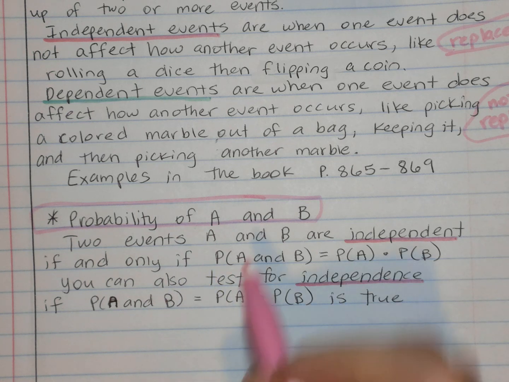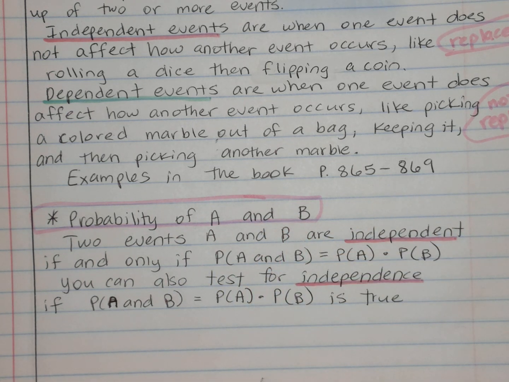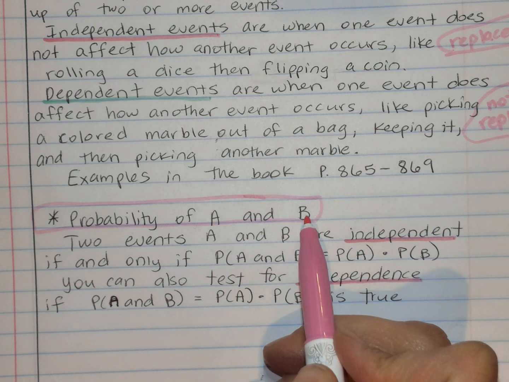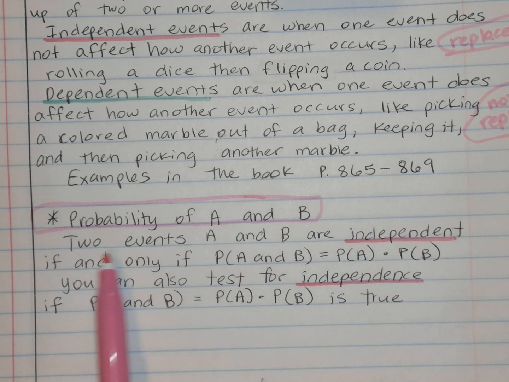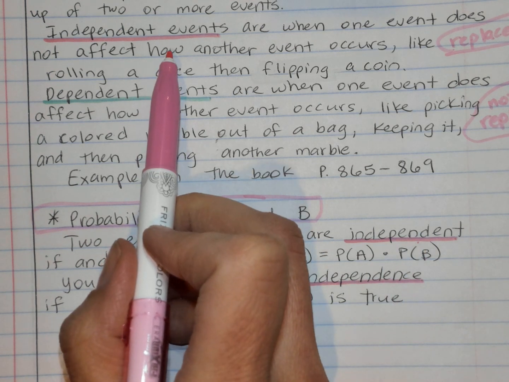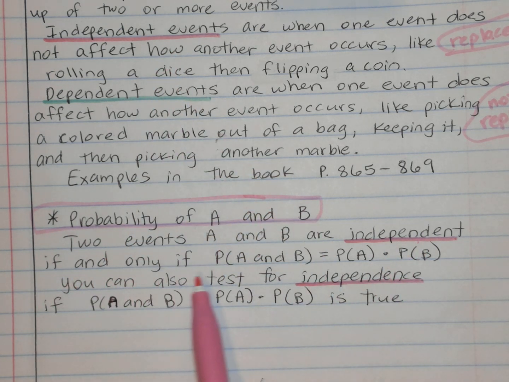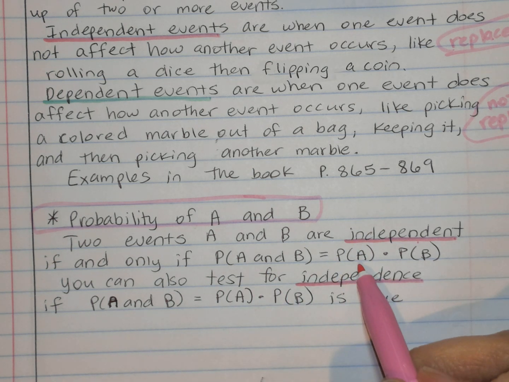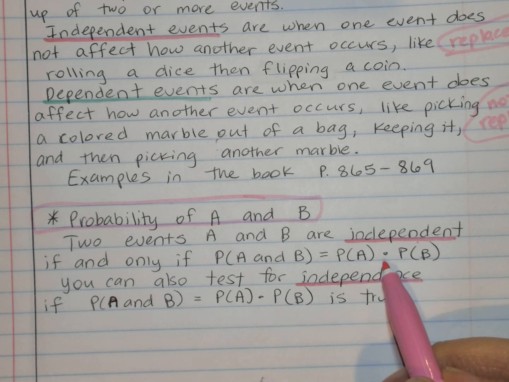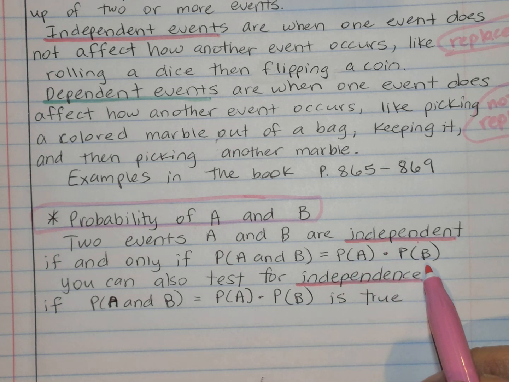So probability of A and B. So if you say the probability of something and something else, A is one event and B is another separate thing. So two events A and B are called independent, like up above. They're independent if and only if probability of A and B equals their separate probabilities. So probability of event A occurring, and then you multiply it times probability of event B occurring.